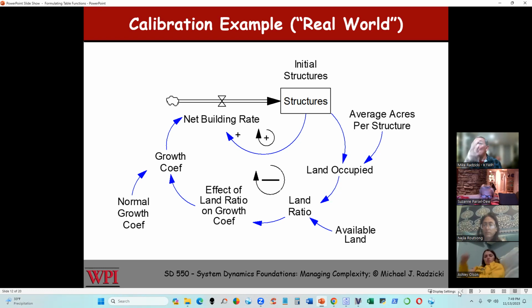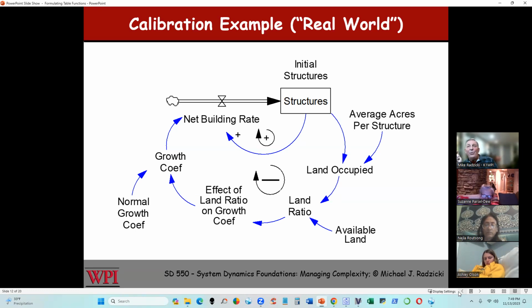No good. So structures attract structures, right? But as the city grows, or the Diamond District grows, or the Garment District, or Silicon Valley grows, you start to run out of available land, or it starts to get so far away from the core, it's no good. Okay. Now, you've seen this model already earlier today.